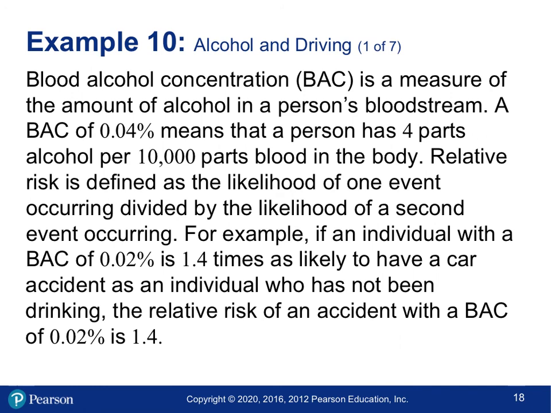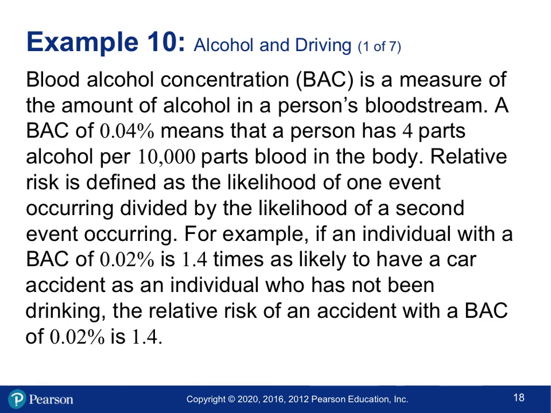All right, so alcohol and driving. This one looks like a fun one. Blood alcohol concentration is a measure of the amount of alcohol in a person's bloodstream. A reading of 0.4% means that a person has 4 parts of alcohol per 10,000 parts of blood in the body. Relative risk is defined as the likelihood of one event occurring divided by the likelihood of a second event occurring.